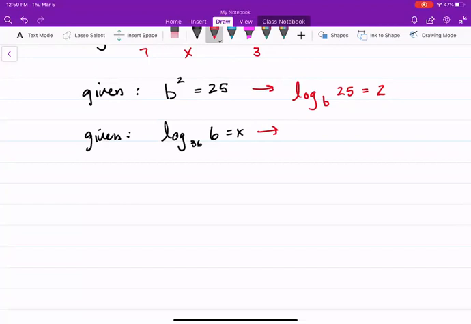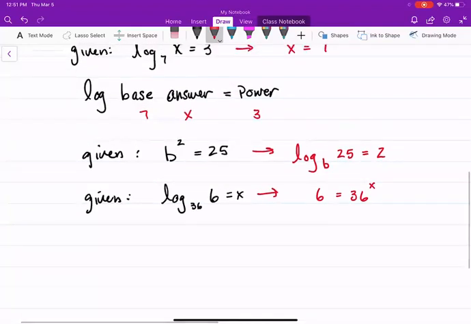Go ahead and say it again. 6 is equal to 36 to the x power. Is that what you just said? I would say yes.